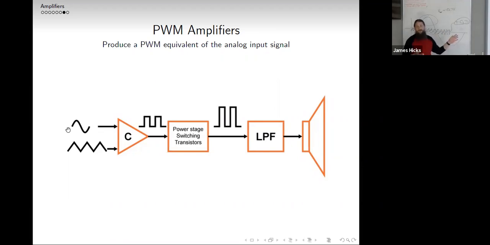So if you're talking about a 30-watt amplifier, a fair amount of that is dissipated. That 30 watts is dissipated as heat, and that's just the transistors themselves heating up. Like, too hot to touch.